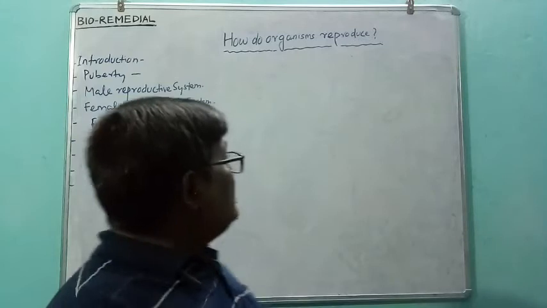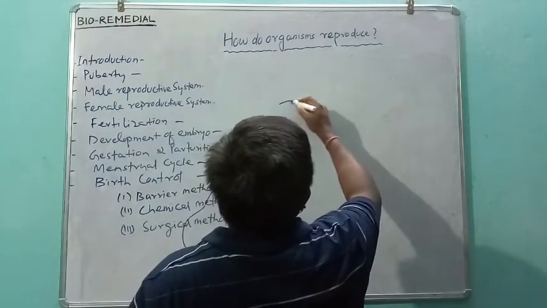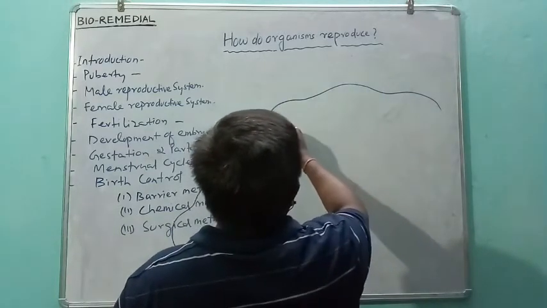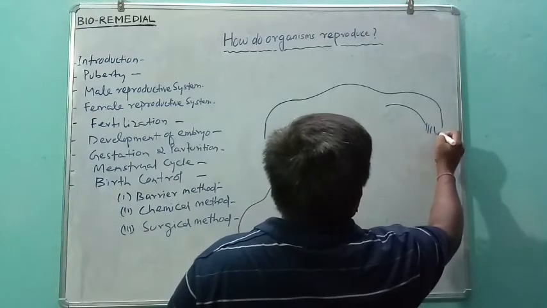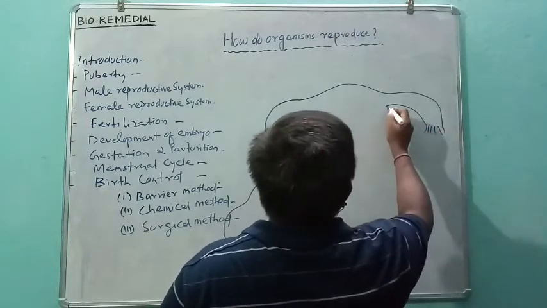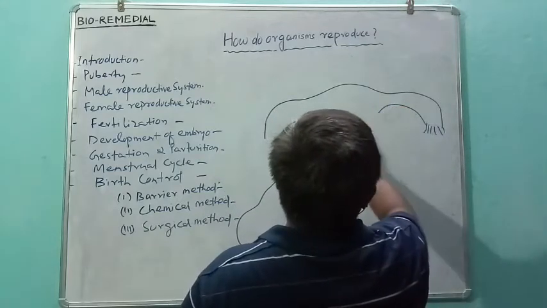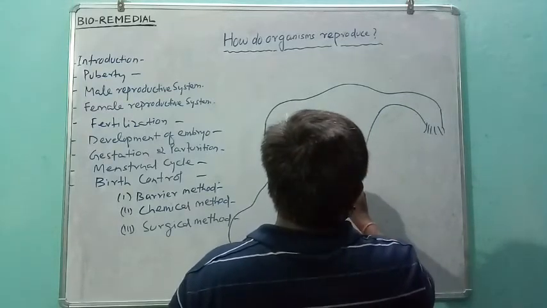Now let us look at the diagram of the female reproductive system. The female reproductive system is a very easy diagram. We can draw it like this. I am not good at diagrams, as I have already told you.